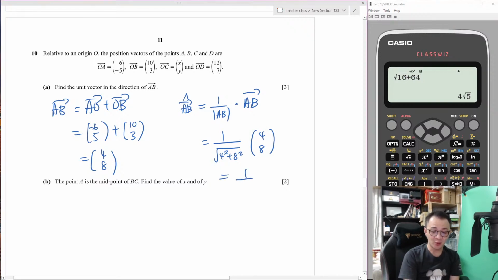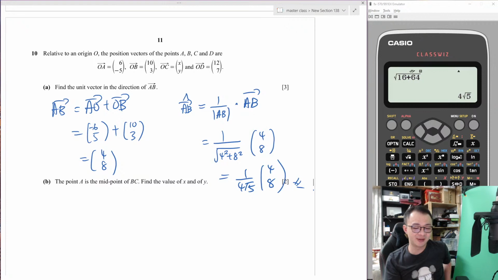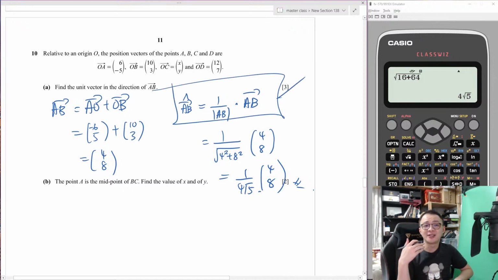You can see 1 over 4 root 5 times (4, 8). You can leave your final answer like this, you should get it correct. But if you want to multiply in, you can go ahead and do that. I checked the marking scheme, if you want to leave this as square root 80 also can, if you don't want to simplify into 4 root 5. Okay, so done the 3 marks. Quite easy as long as you memorize the unit vector formula.